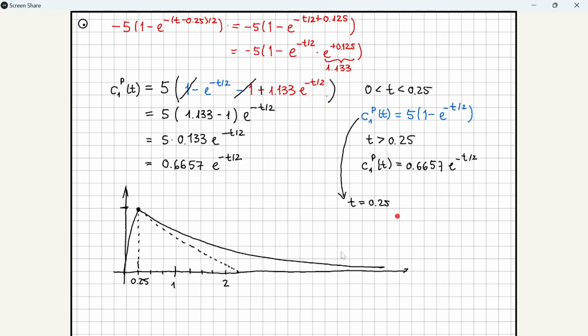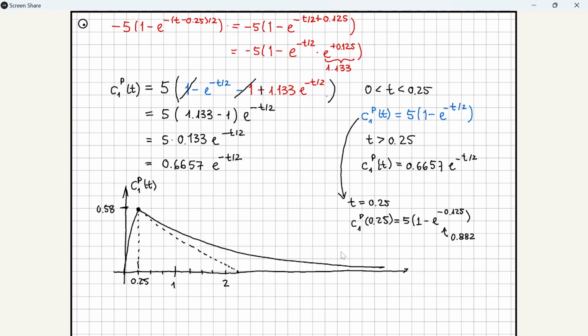So this is 5 times 1 minus e to the minus 0.125, and that is approximately, I think, 0.882. So that leaves us with very little. So we end up with a value that is roughly 0.5, I think 0.58 if I remember correctly.